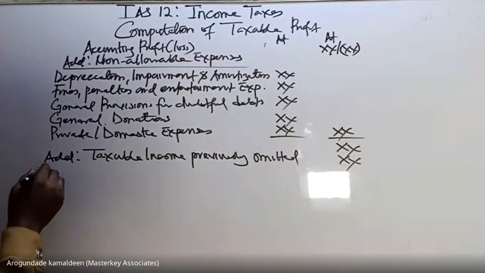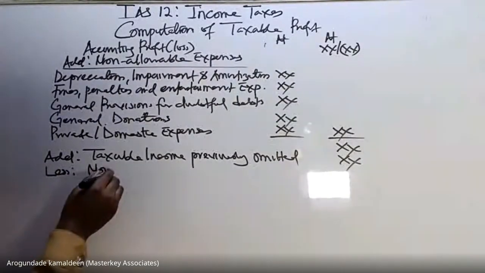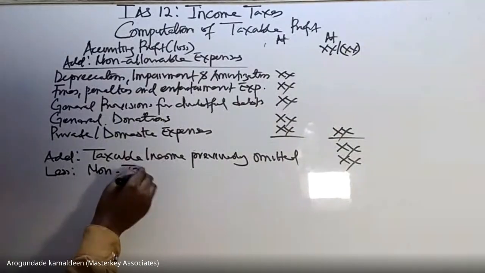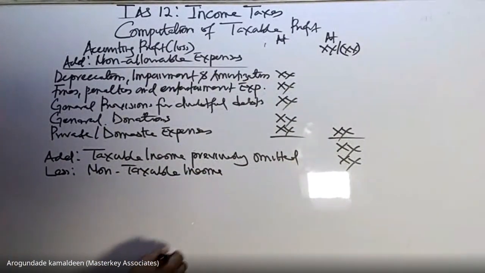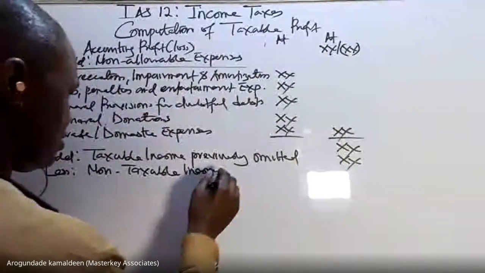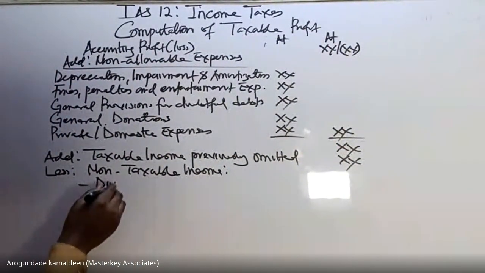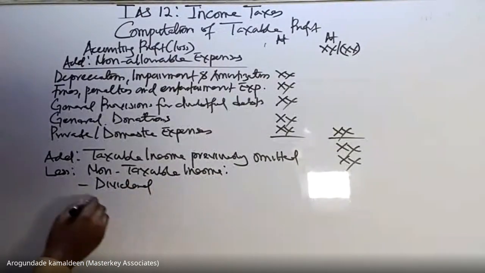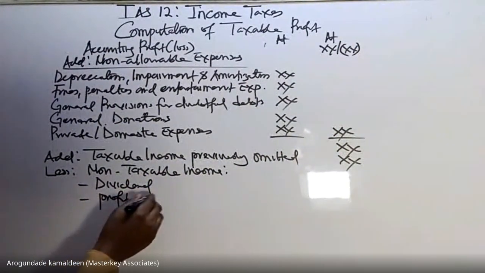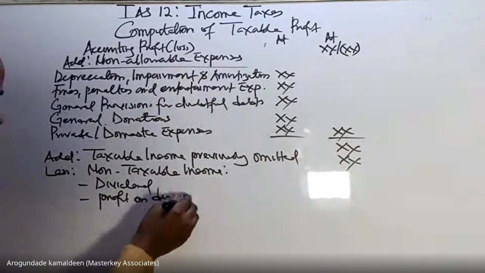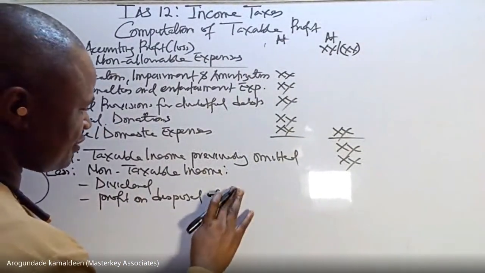You less now, less non-taxable income, e.g., you have your dividend, profit on disposal of asset or fixed asset.